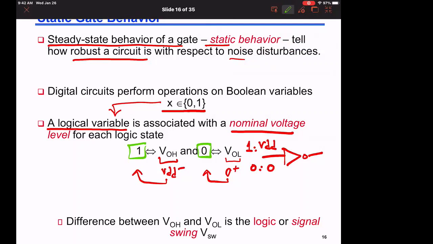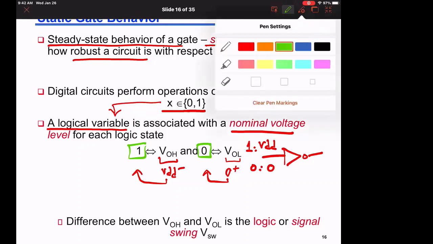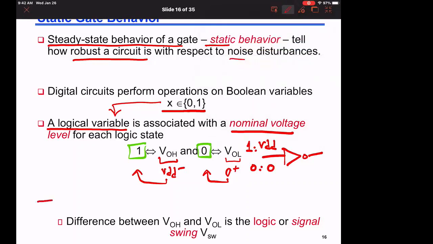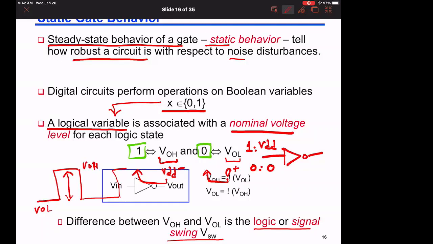Now my circuit is going to swing between VOL and VOH, and it might drop and stay there and then rise again. This range between VOL and VOH we call the logic or the signal swing. The voltage level swings between these levels.